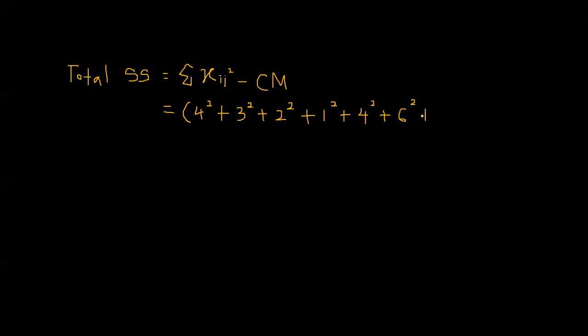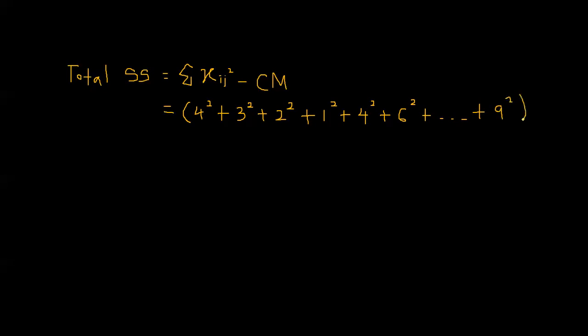Okay, and then you continue with 7 square, 8 square, 4 square, 6 square, plus 7 square, and then plus 7 square, plus 5 square, plus 7 square, until the last value is score trial 3 with subject E, that is 9 square.